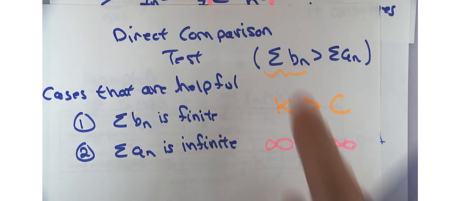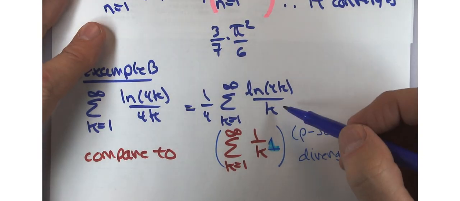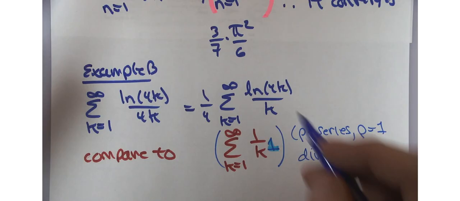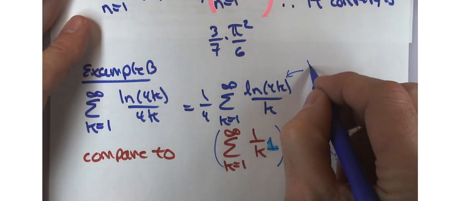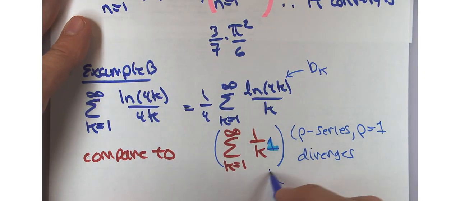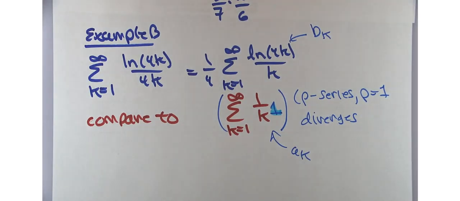So let's compare these two terms. Let's compare this one to this one. We'll call these my b sub n, or I can call it b sub k, I guess, because I'm using the k here. I call that a sub k. Which term is bigger, a sub k or b sub k?